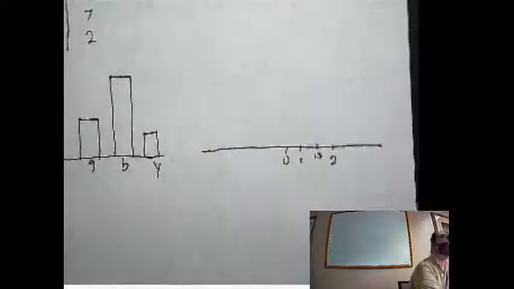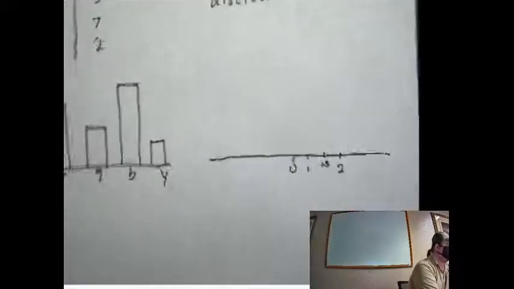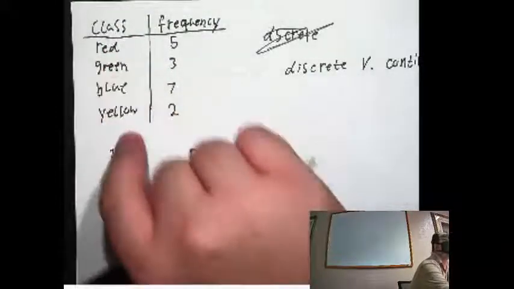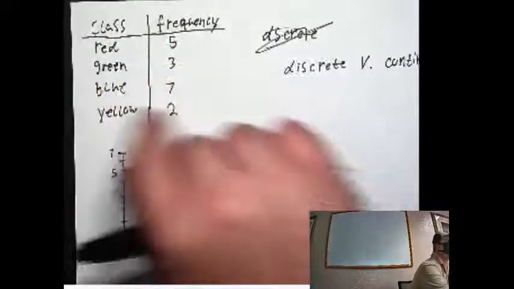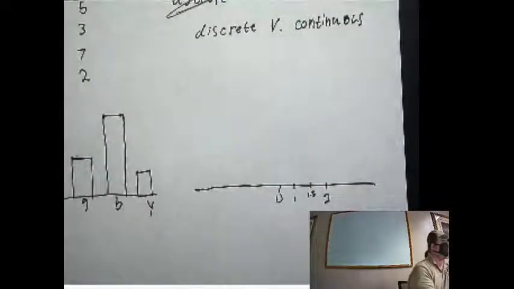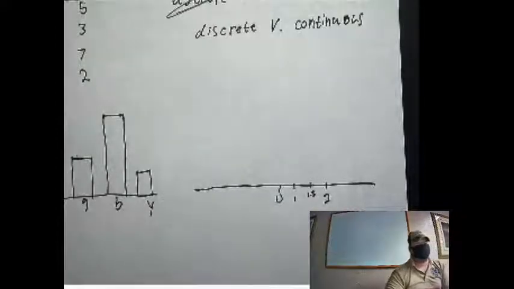So this is continuous. Okay, so discrete, we have very specific things, very specific classes that these frequencies fall into. With continuous, they're not as specific. Instead, what we're going to have are ranges that we put our data into.